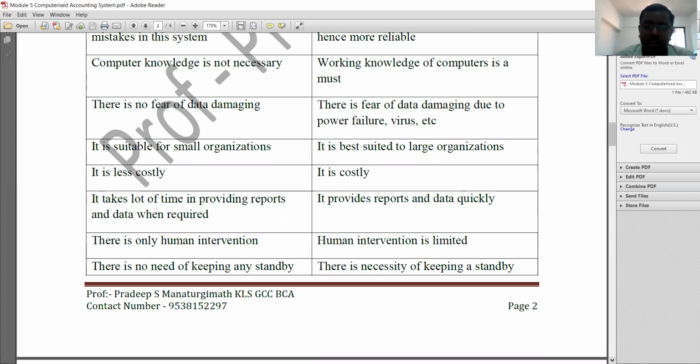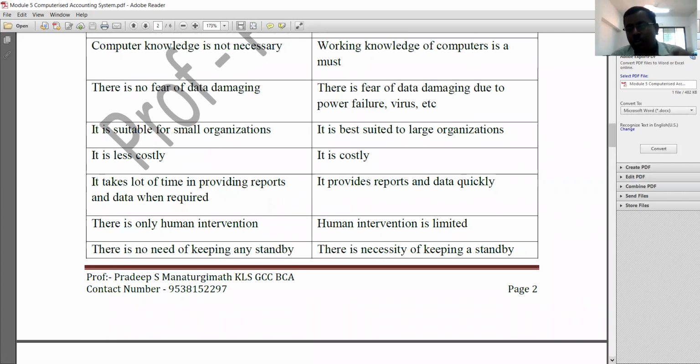But there will be a fear of damaging the data due to server failures, viruses or hackers in the computerized system. Then, as we all know, manual accounting is suitable for small organizations, while the computerized accounting system is suitable for large organizations.